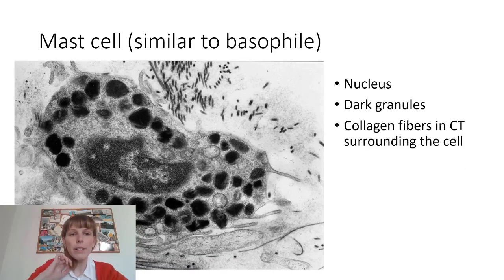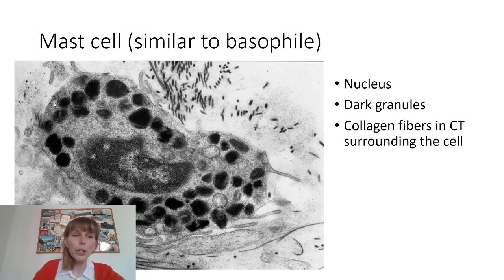So mast cells are similar to basophilic granulocytes, so the difference between basophilic granulocyte and mast cell is their localization, because the mast cell will be located in loose connective tissue and the basophilic granulocyte will be in the blood.